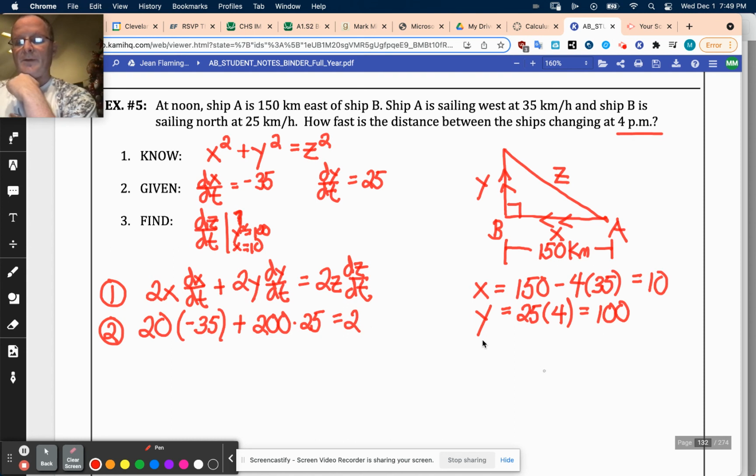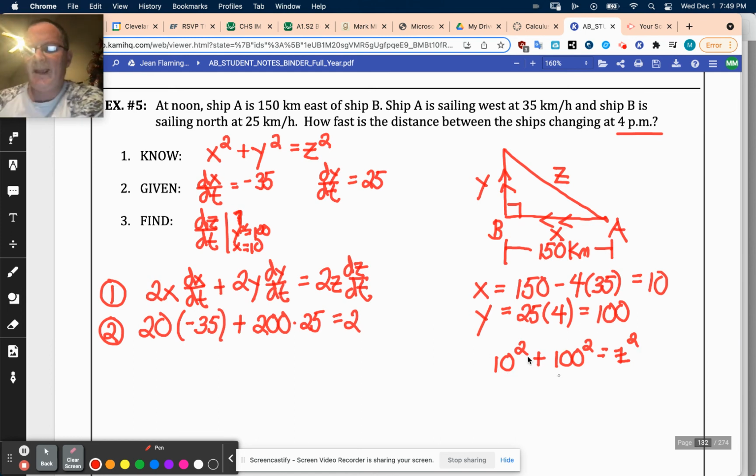So let's go off here to the side. We're going to have to go 10 squared plus 100 squared equals z squared. Pretend like that's a good z. z squared. All right, 100 squared is 10,000.